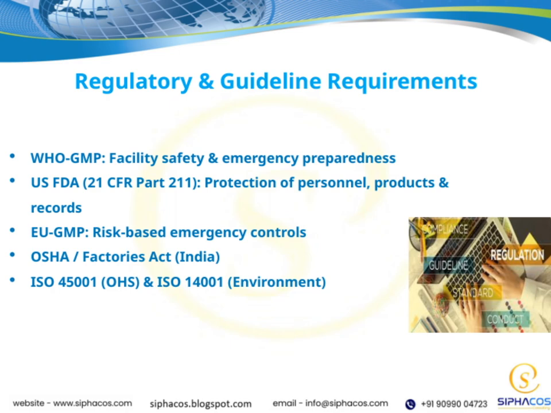These international standards help organizations systematically improve safety and environmental performance, fostering a culture of continuous safety enhancement and environmental responsibility. All of these regulatory and guideline requirements tie into our overall goal, ensuring that our facilities are safe, compliant, and prepared for any emergencies, ultimately supporting the integrity of our operations and the well-being of everyone involved.